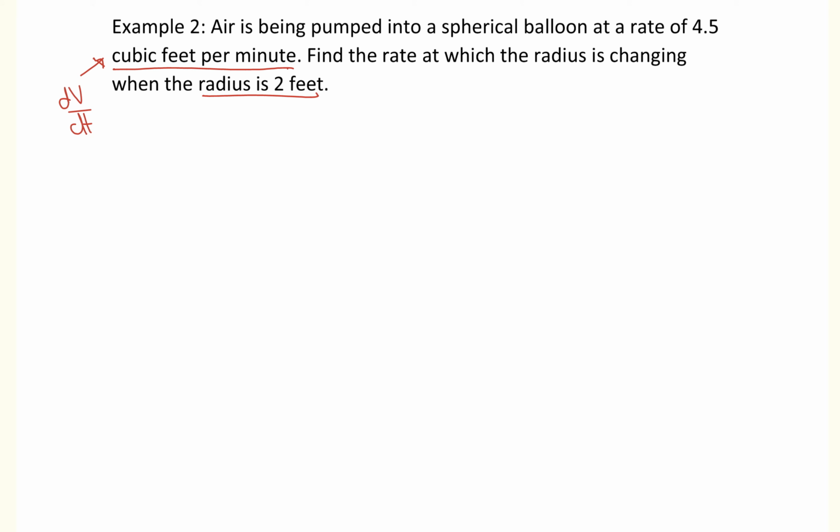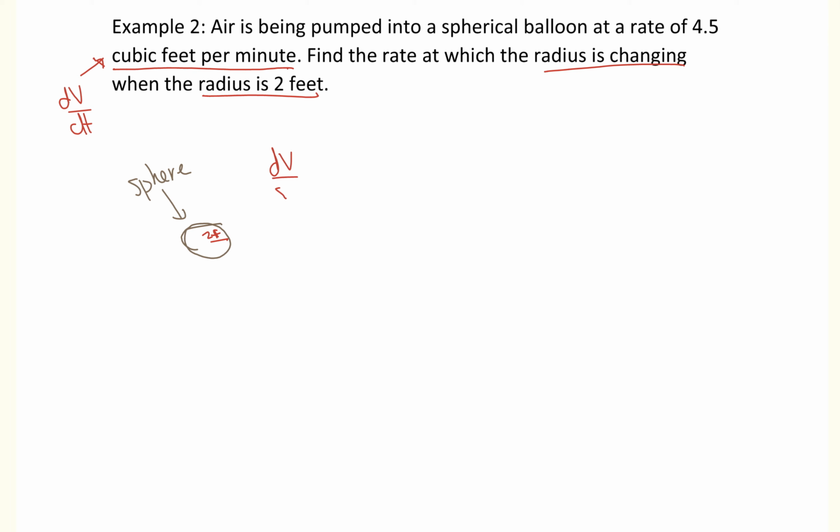So basically what's happening is you have this balloon, and it's a sphere. It's a terrible drawing of the sphere, but it'll have to work. We're working through what's happening when the radius is 2 feet, and I want to know how fast the radius is changing. So let's list our unknowns and our knowns.